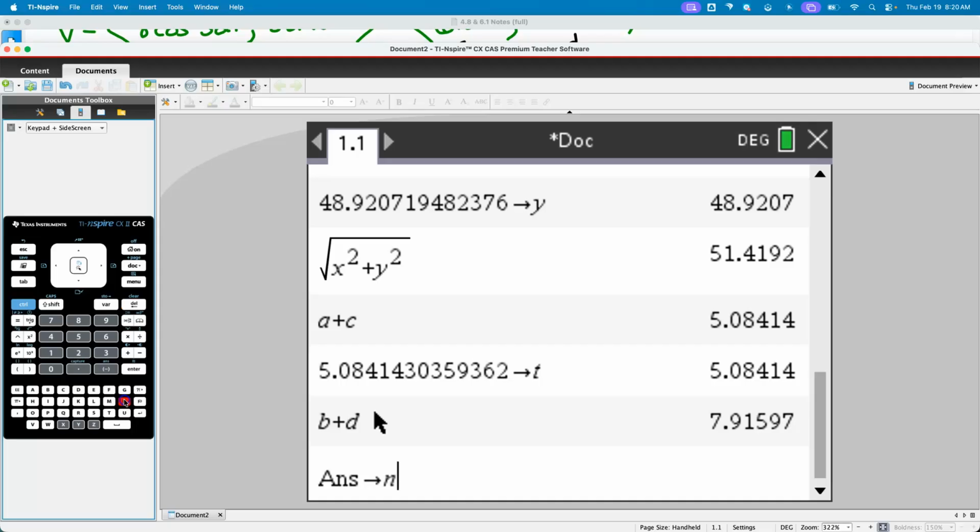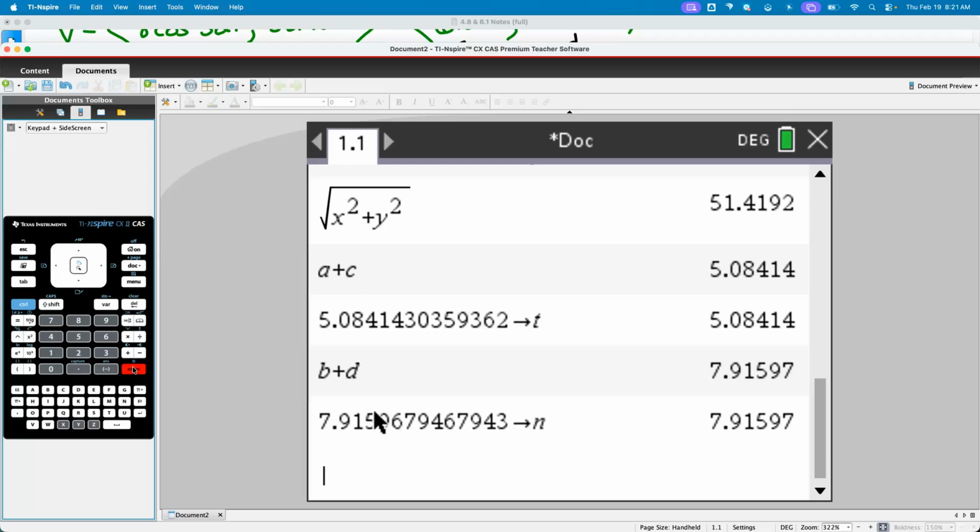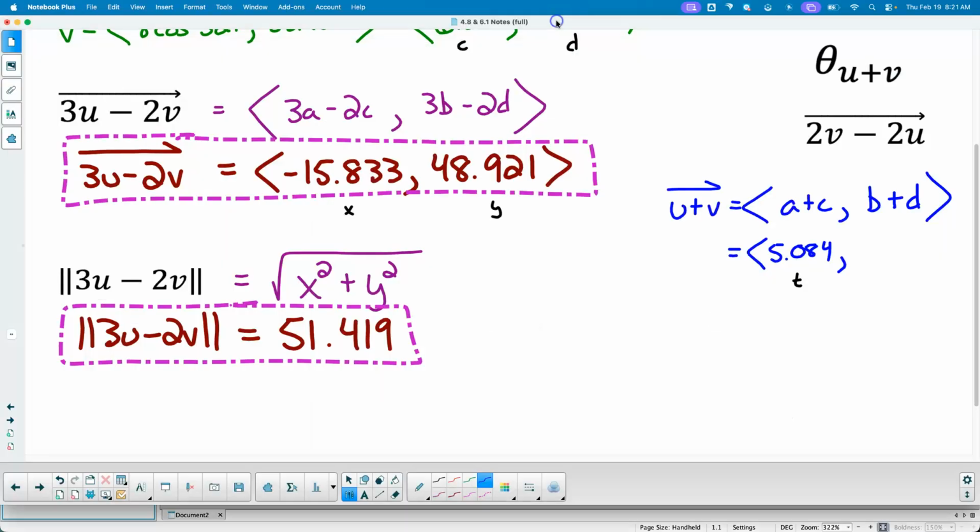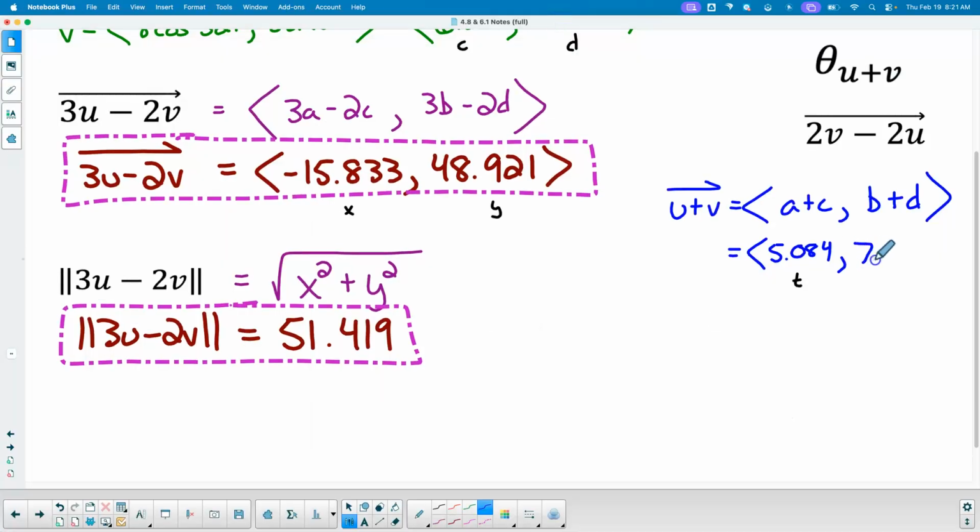Oh well, I'll go n, so I don't get confused with vector u. 7.916. And I stored that as n. Okay? So there's vector u plus v. Found it, have it, stored it.